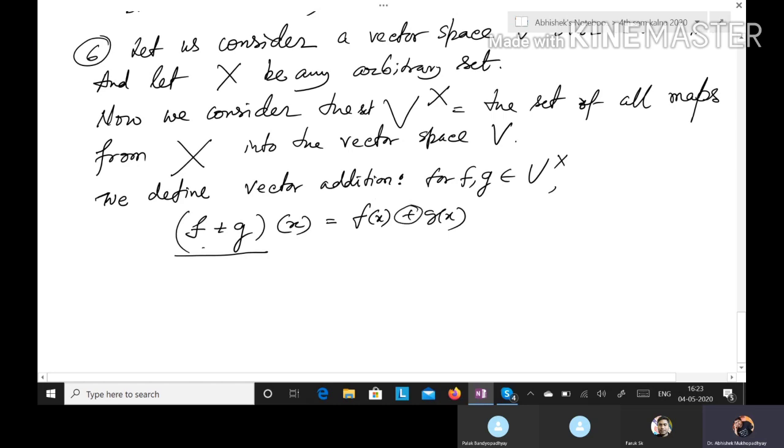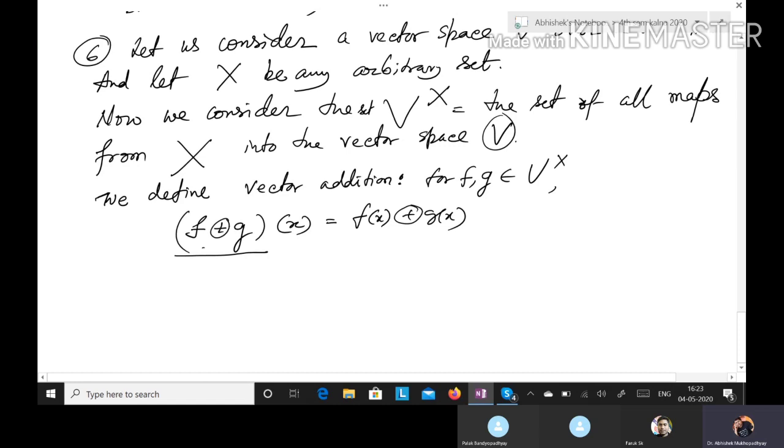Now this plus is taken from the vector space V. So again you need to distinguish this plus and this one.